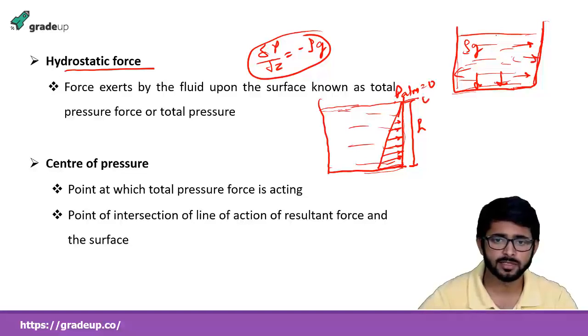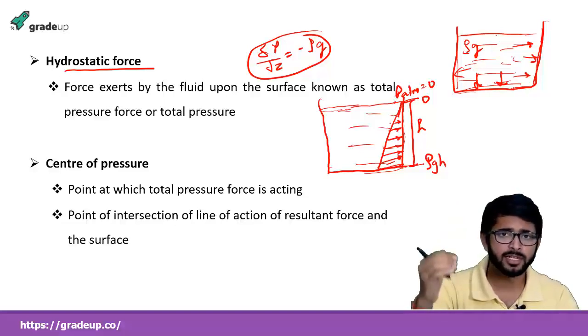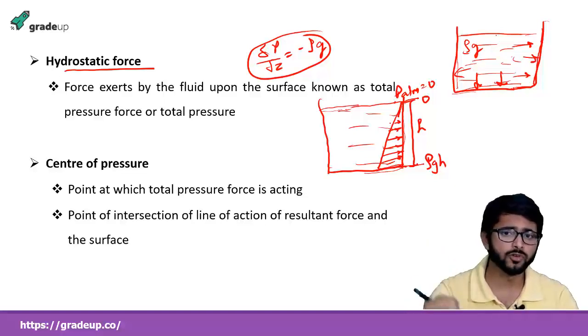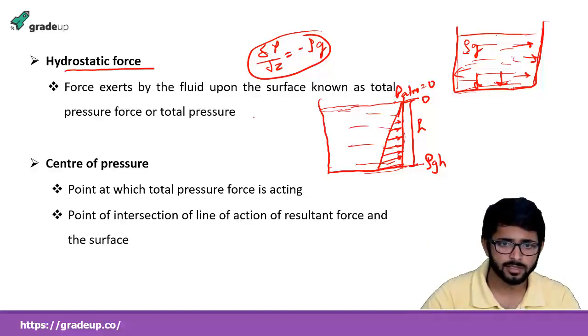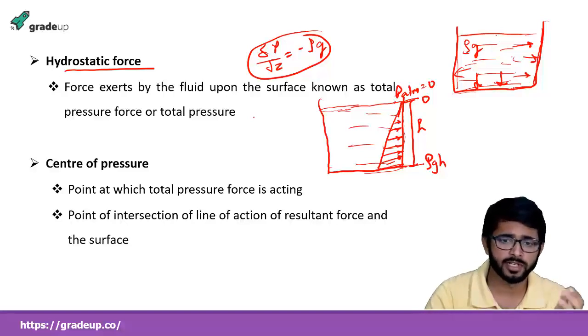Here the pressure is 0 and here the pressure is rho g into h. So along the vertical plane the pressure increases from 0 to rho g h. This is how the pressure variation occurs, and this is how the pressure force is applied on any surface.